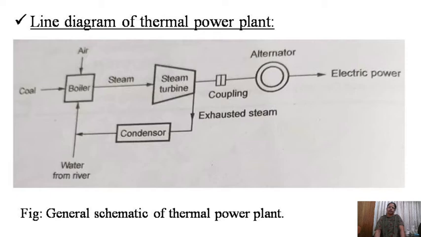The turbine is coupled to the alternator and the mechanical energy is converted into electrical energy. The exhaust steam from the steam turbine is passed on to the condenser, where it is cooled and again passed on to the boiler for reuse.